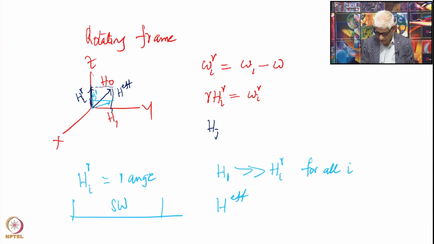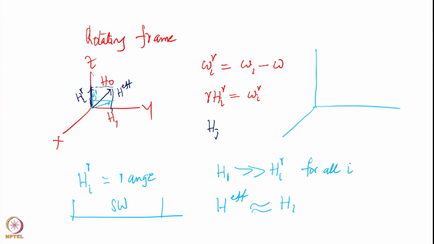The effective field will be approximately equal to H1 only, because it will keep going horizontally down. As I increase the field, H effective will keep coming down like that, more and more towards the H1 axis. The effective field for all the nuclei will be H1, that is, along the XY plane.